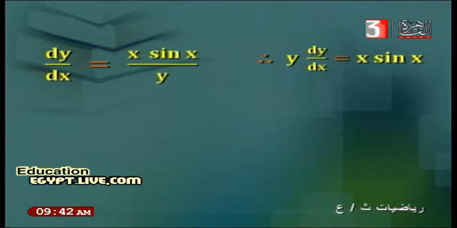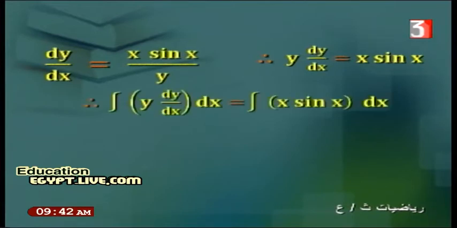The relation dy dx equals x sine x over y is a relation between the two variables x and y. Then we can write y dy equals x sine x dx, and integrate both sides with respect to x.